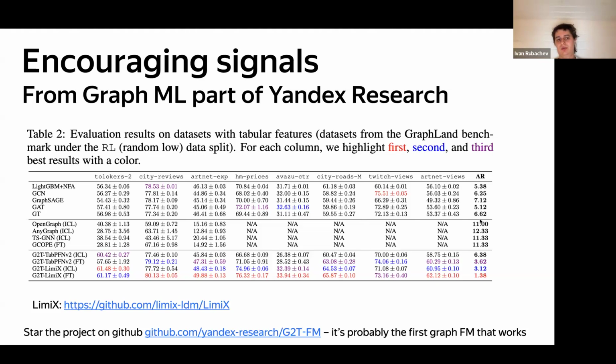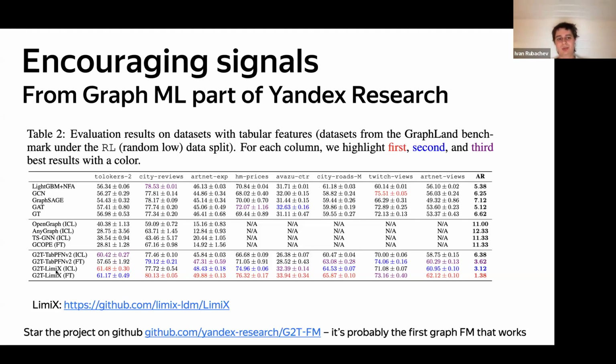But when you just pass the graph features into TabPFN or the latter Limix model, which was released from Tsinghua and some startup earlier this month, when you do in-context learning on graph data, it basically outperforms GNNs, and when you also stack fine-tuning on top, like I said in the earlier part of the talk, it basically becomes state of the art.